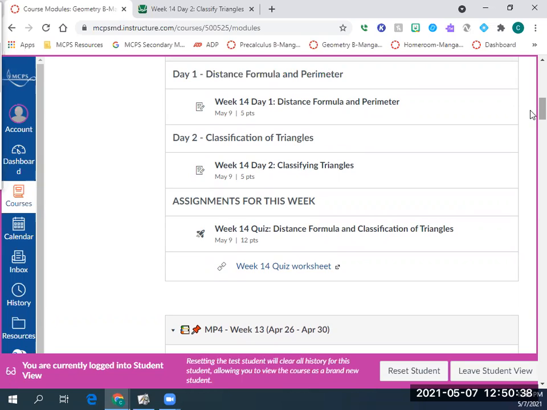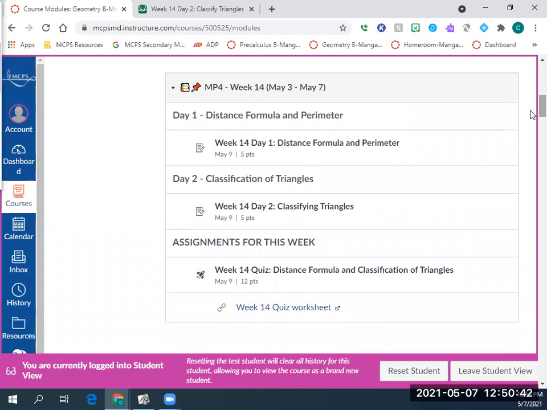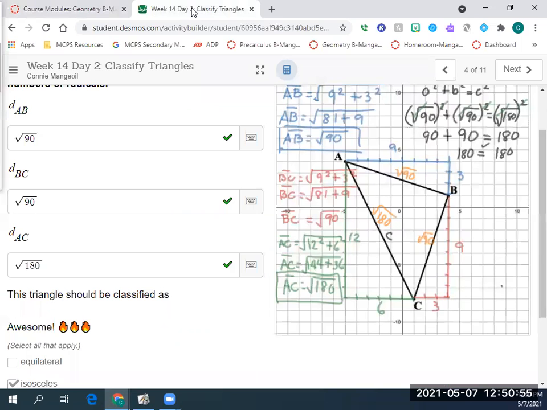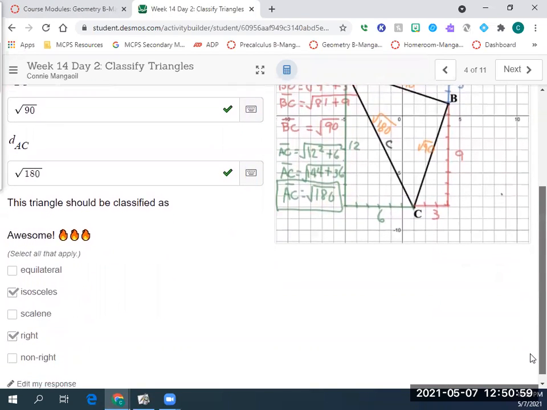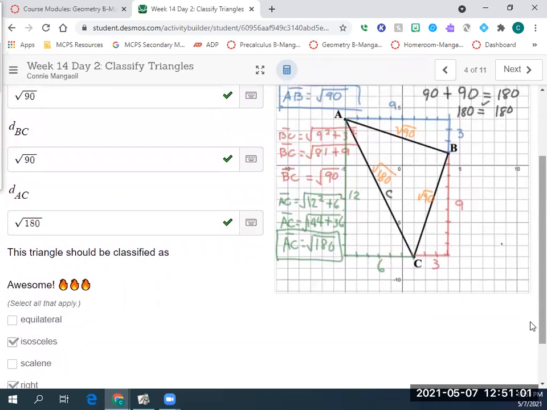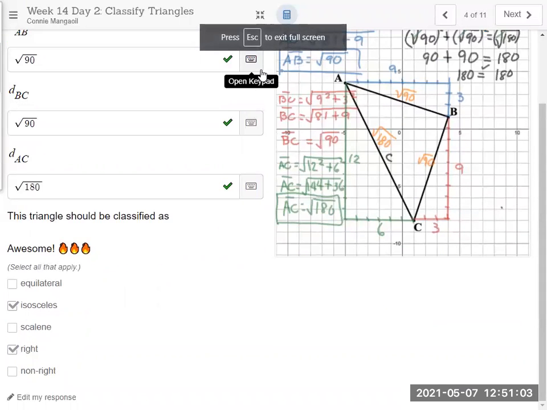We are on day 2 of week 14, and you can see the dates. You click on this assignment, then click on your period, and it will bring you over to Desmos. Hopefully you follow that.